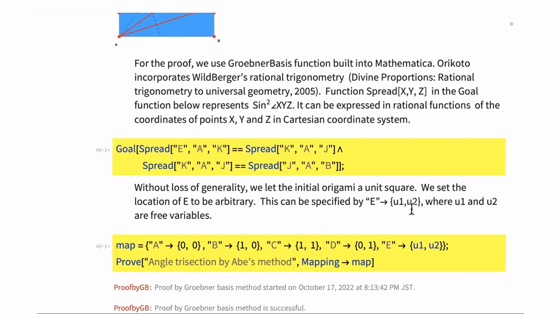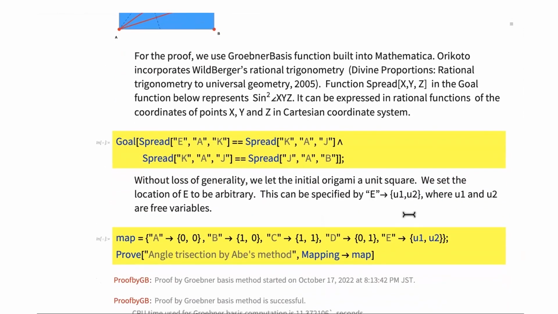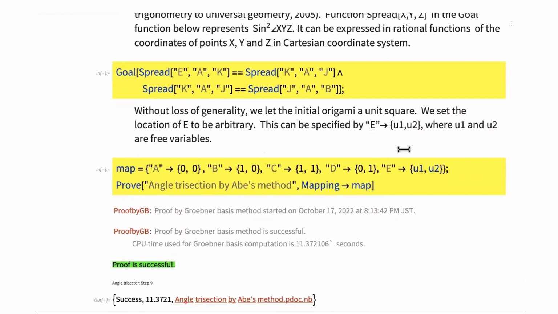These are kind of transformations. Afterwards, we make it a general one. So let ABCD be a unit square and E be arbitrary, and prove it. The system checks whether the equations generated from the program are polynomial equalities. And if I click this, a proof document is generated.